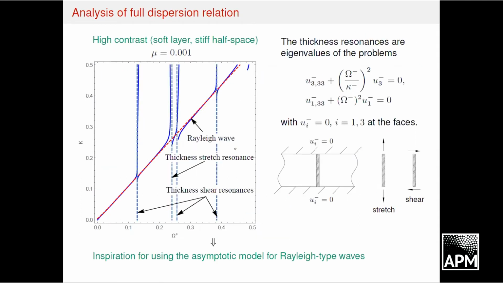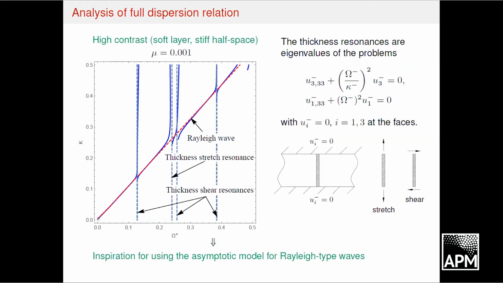So now if we take really high contrast, the thing that I promised you, so we have about 1,000 here, then obviously the first branch will start very closely to 0, but it will still be non-zero. So obviously there is still the same mechanism. The coating is not allowing the wave to propagate from the origin, because there is still some sort of a band gap there, although this band gap is tending to 0 as soon as the contrast in principle tends to infinity.